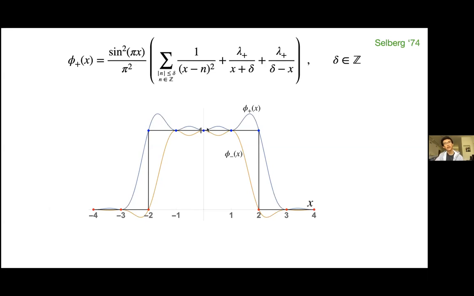Then inside of the interval, we need to cancel some of these zeros, and this is the role of these second order poles in the brackets. They cancel the zeros inside of the interval, and the residue is 1, so that the value of the function is 1 here.